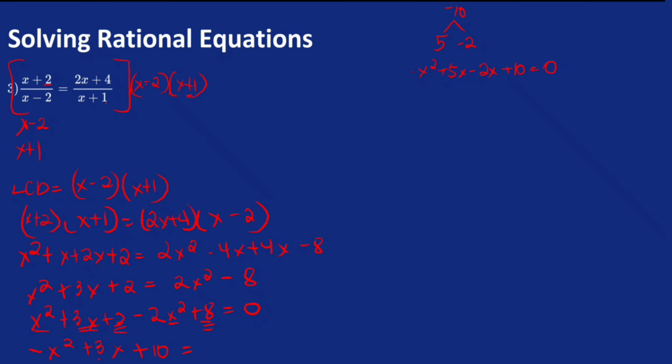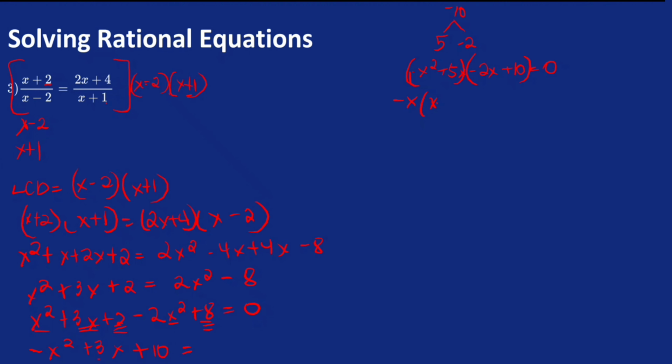Then after that, we can group it by two terms. Then we'll use CMF. So we can factor out negative x. So negative x squared divided by negative x is x.